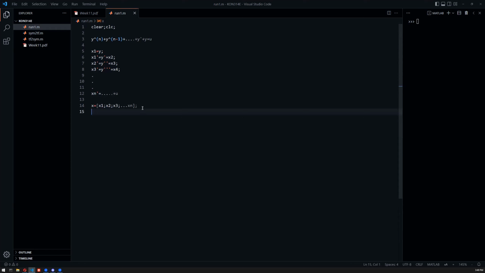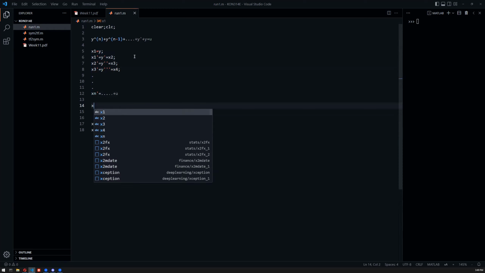Now, when we take the derivative, we're talking about basically the matrix notation, x1 derivative, x2 derivative, and so on and so forth, xn derivative. So that's going to be it. Now then, we can see that there's a certain relation between the derivatives and the state space variables. So we can basically define this as the first row of the following matrix.